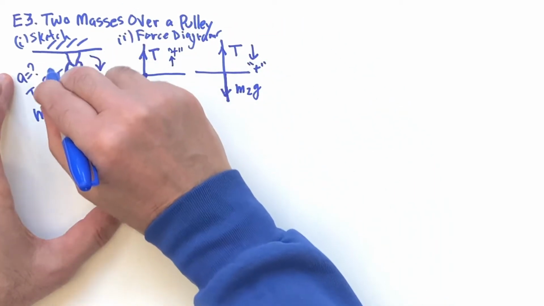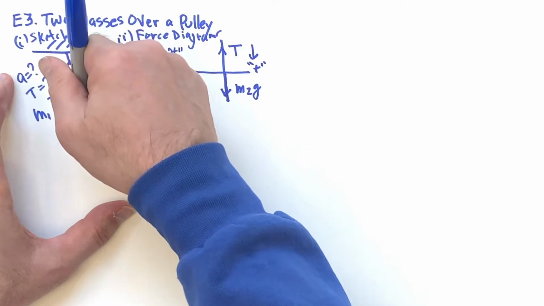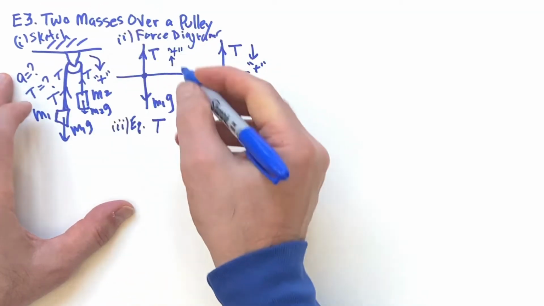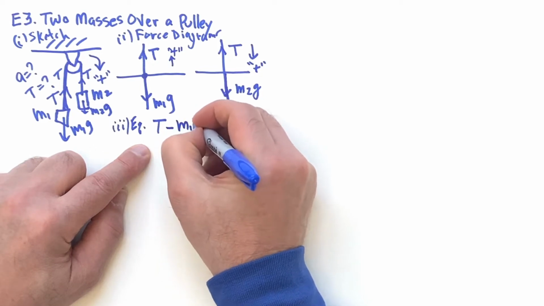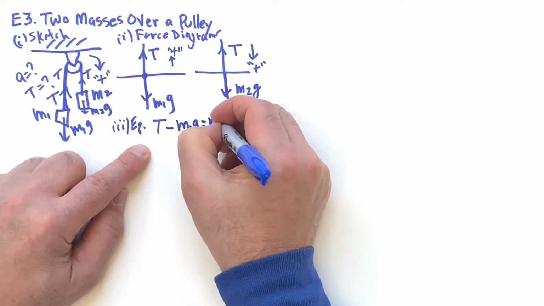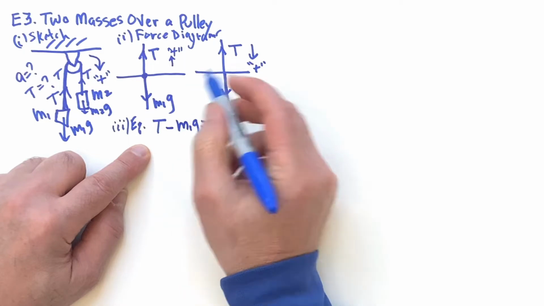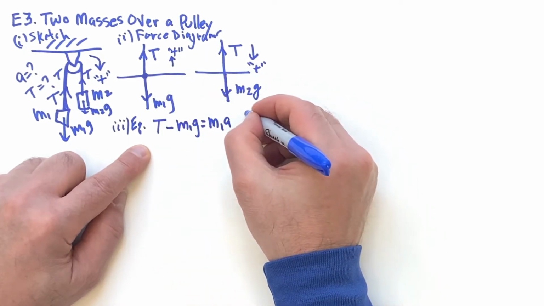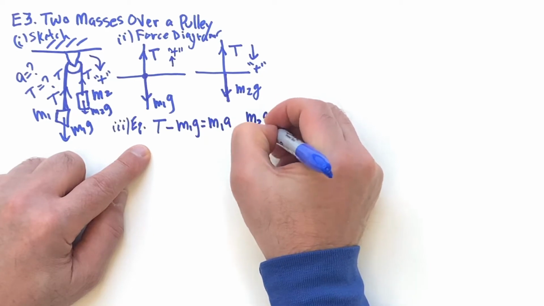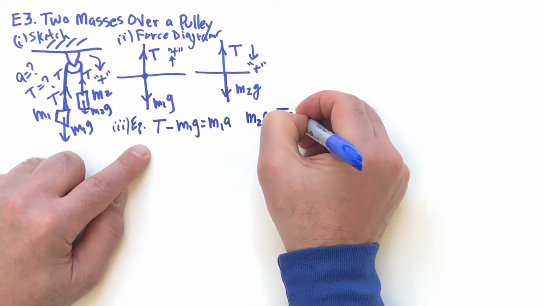So up is positive for M1 and then positive for M2 going down. So this is T minus M1G equals M1A, that's mass 1. And then over here we have M2G minus T is M2A.